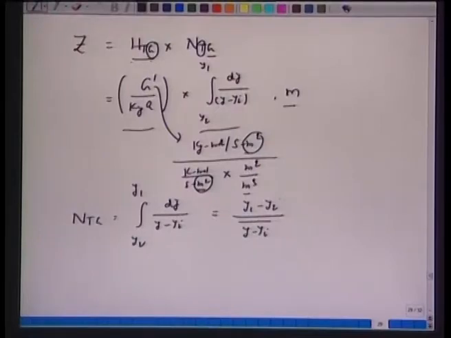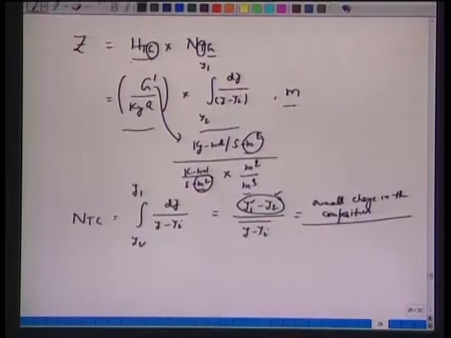So, what we have is the overall change in the compositions, from one end of the column to the other end, y1 minus y2. It is the overall change in the compositions from 1% to say 0.001%, 10,000 ppm to 1 ppm, that is y1 minus y2 across this column. And what is y minus y_i?